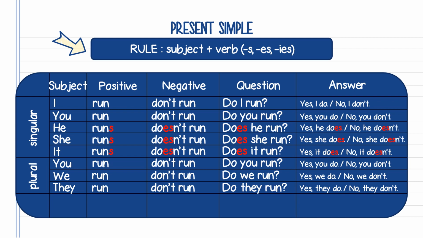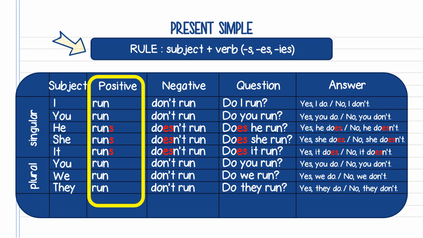Okay, the singular subjects are I, you, he, she, and it. The plural subjects are you, we, and they. Okay, as you can see there, for the singular subjects I and you, we don't have to put s to the verb. Okay?